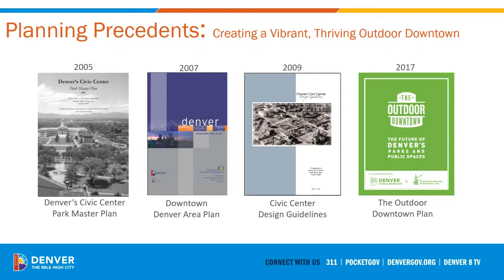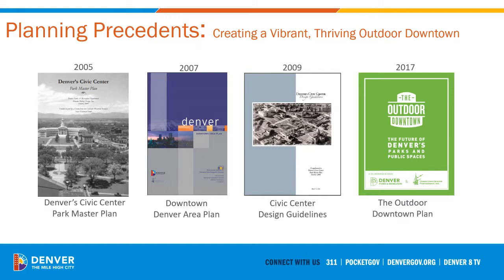Then 2 years later, in 2009, the Civic Center design guidelines were drafted and adopted that really began to look at the spatial organization of the park and looked at the materiality. It also began to put the framework into place for future ideas that the master plan recommended 2 or 4 years prior to that.